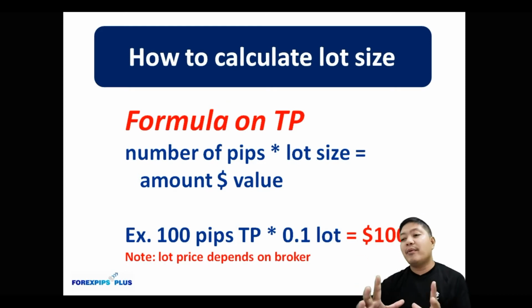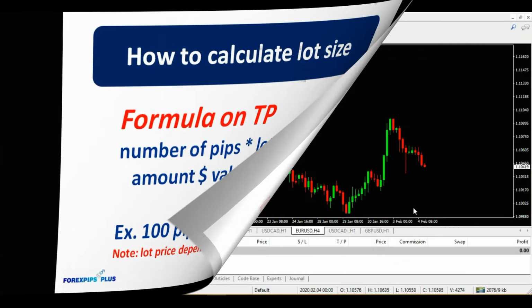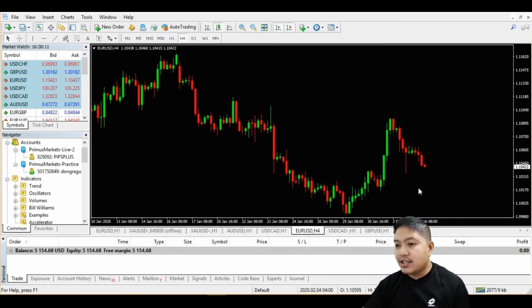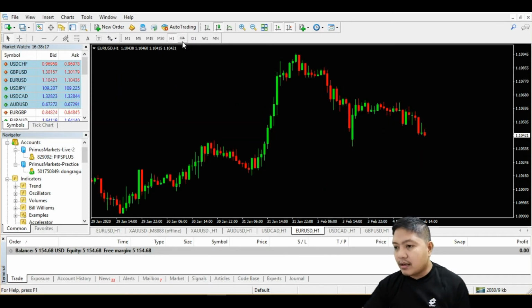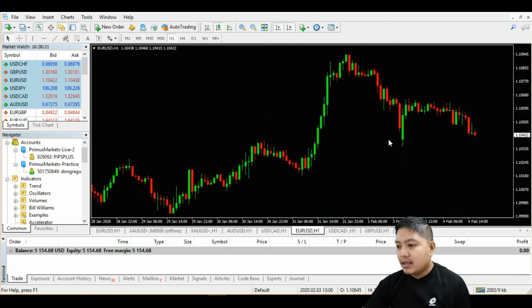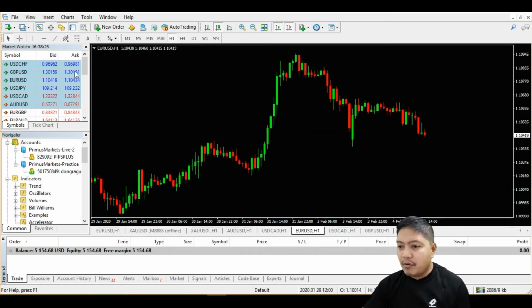So I'm going to share with you on MT4 how to calculate that. Let's say this is your EUR/USD. If you're using the H1 time frame, the market is still moving up, right?